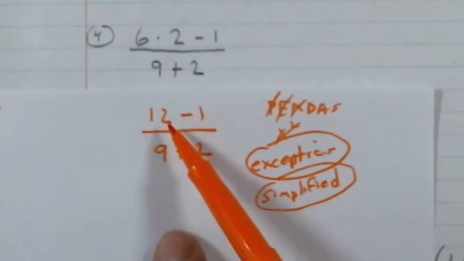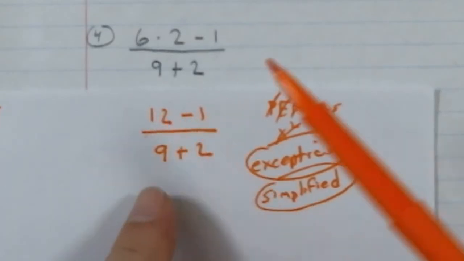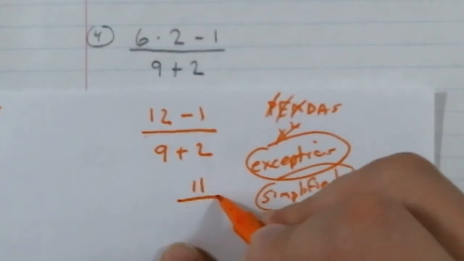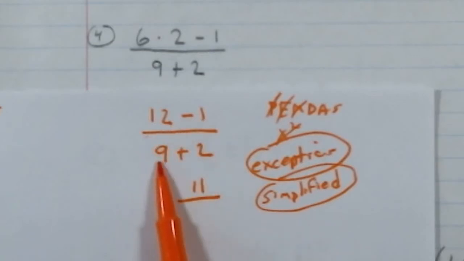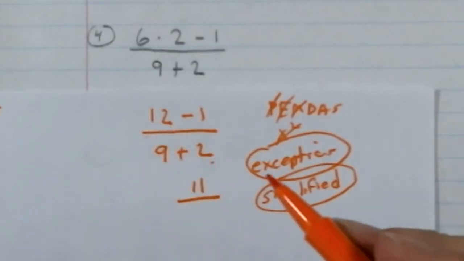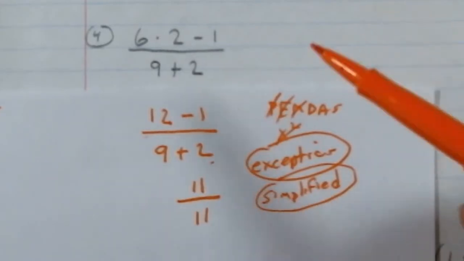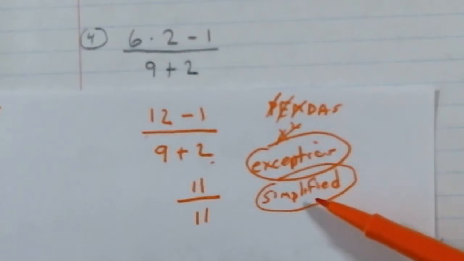So, for example, on the top, it has 12 minus 1. Well, what is 12 minus 1? Well, it's 11. Okay, cool. Divided by, well, that's the top. What's 9 plus 2? Well, let's see, 9 plus 2 is going to be 11, right? Okay. So all you did, you made an exception of the rule, and all you're doing is simplifying.